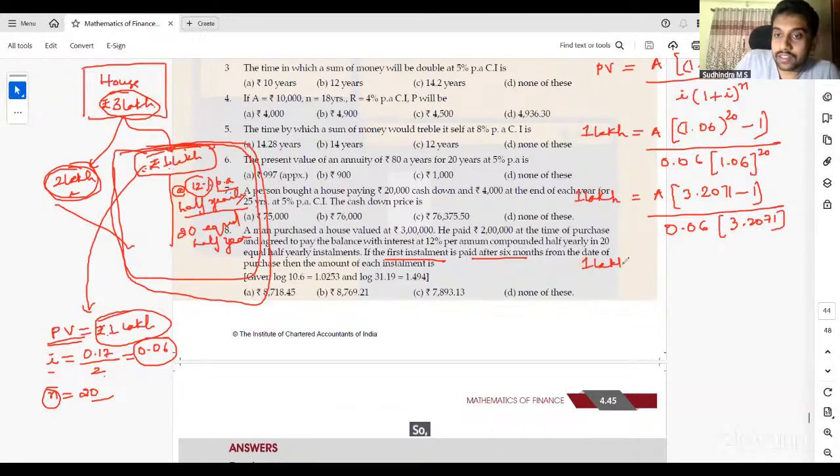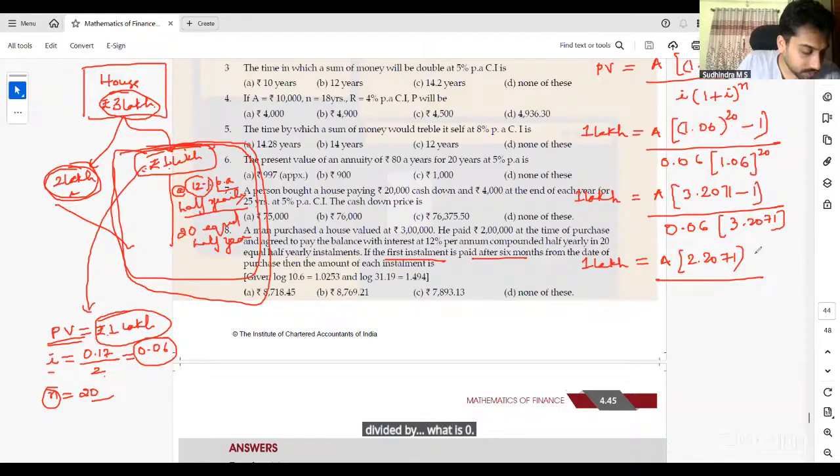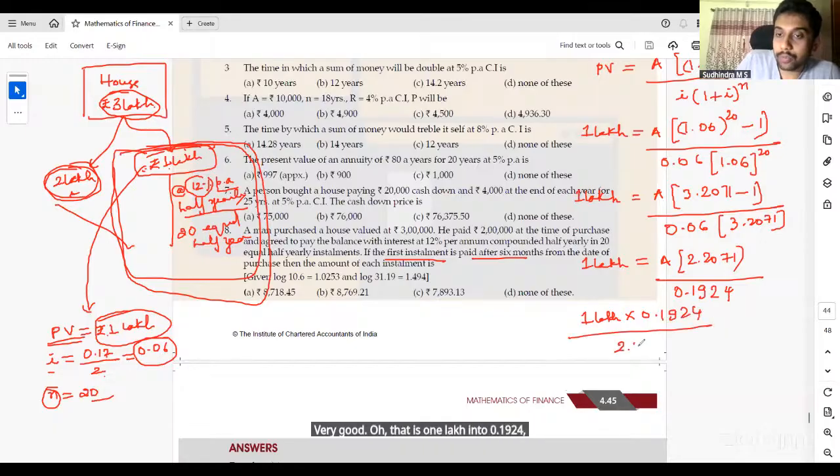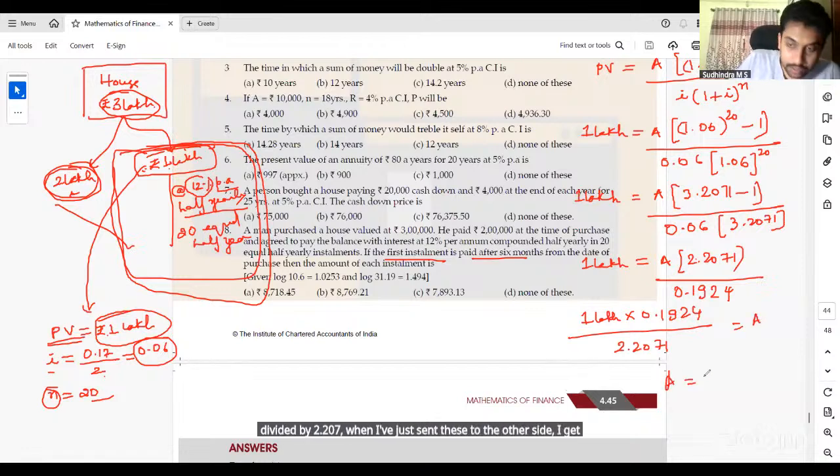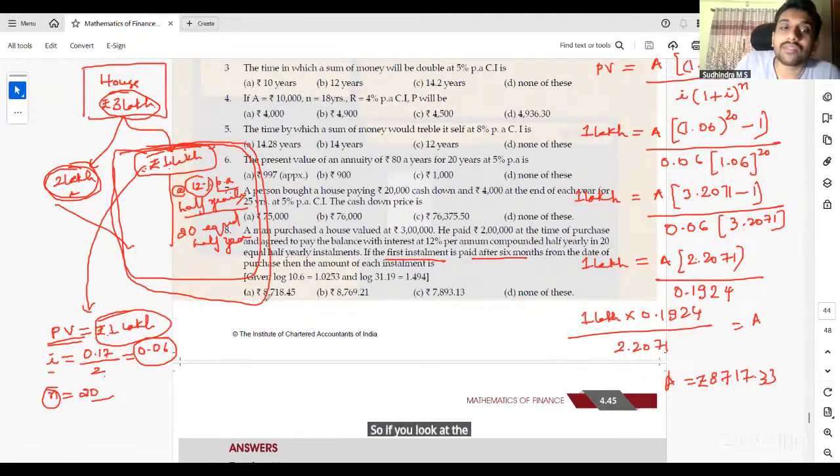So 1 lakh equals A into 2.2071 divided by, what is 0.06 into 3.2071? 0.1924. So A is 1 lakh into 0.1924 divided by 2.2071. I get the annuity amount, which happens to be 8717.33 somewhere. If you look at the options, we have 8718. So option A.